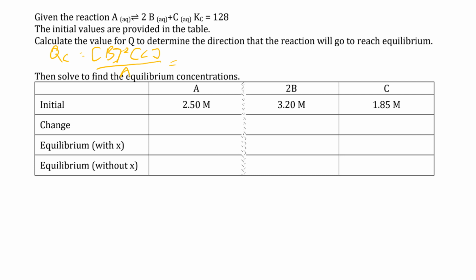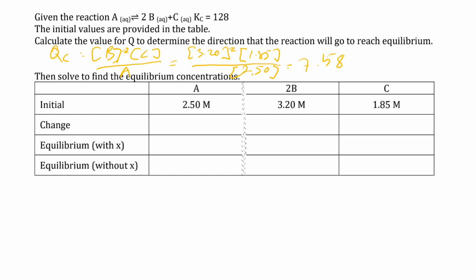So I'm going to plug in my initial ones to see how it fits with the K. So 3.20 squared times 1.85 divided by concentration 2.50. So I will end up with 7.58.